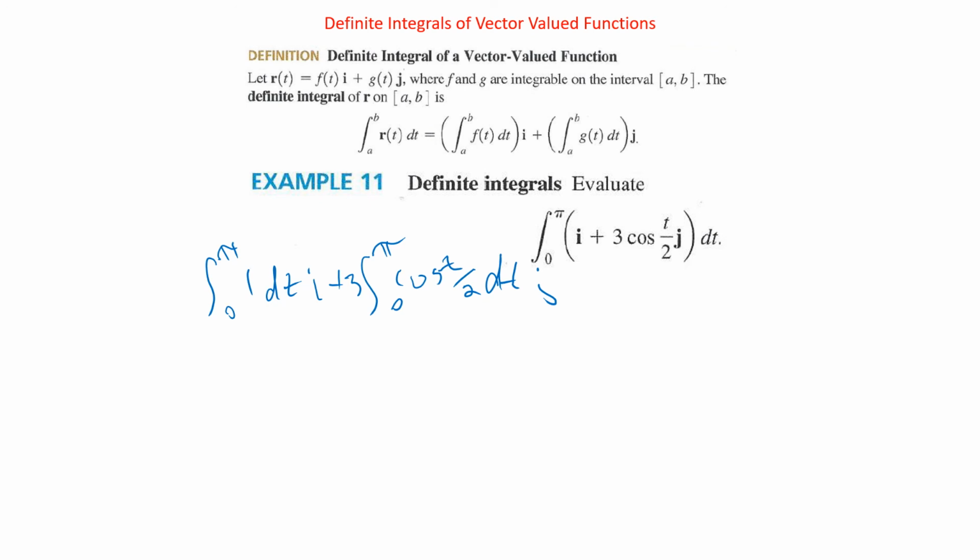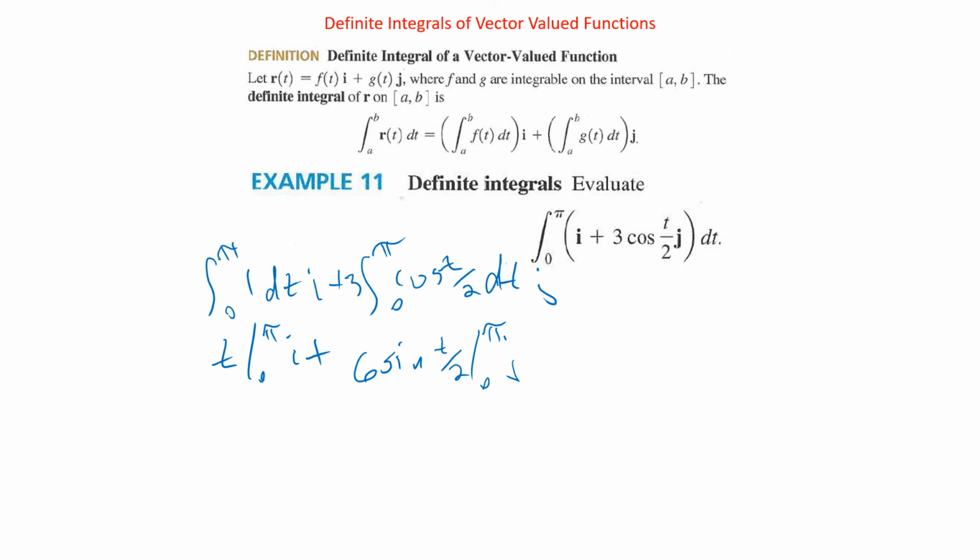The antiderivative of 1 is just going to be t, from 0 to pi, times i, plus the antiderivative of cosine is going to be sine. So we'll have a sine of t over 2. And then if we took the derivative, we'd end up having a times 1/2, so we have to divide by 1/2 or multiply by 2. So that gets us 6 sine of t over 2 from 0 to pi times j.